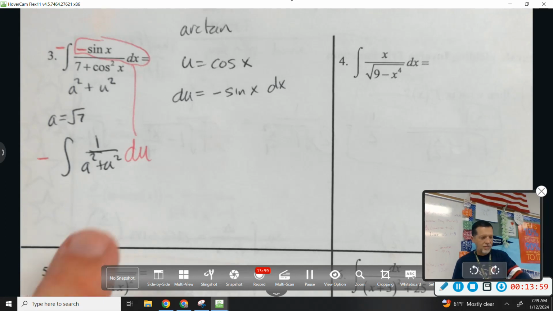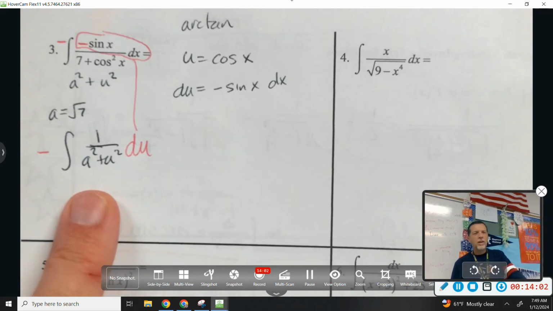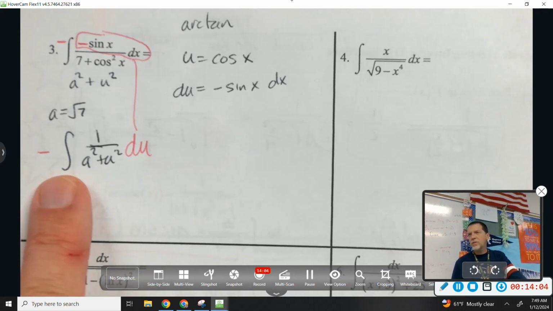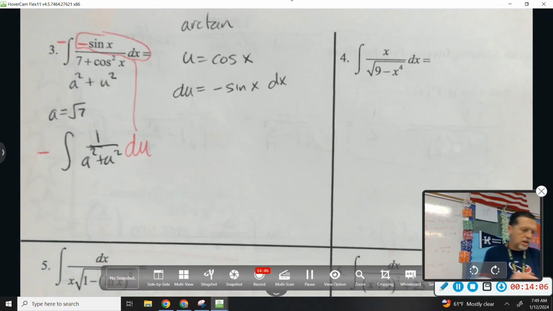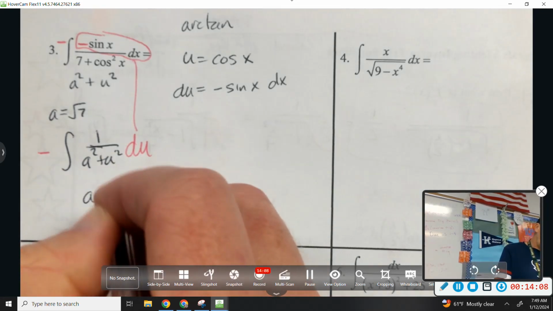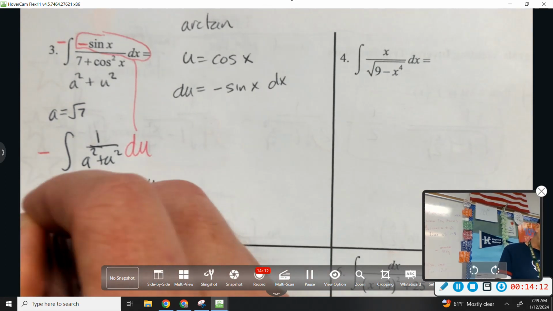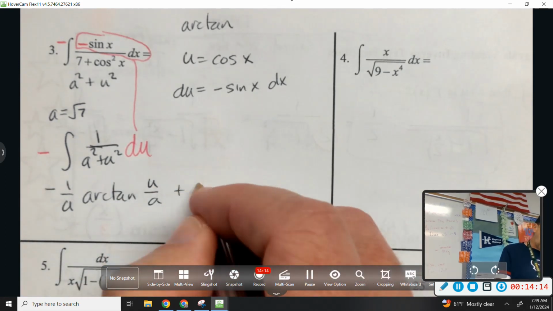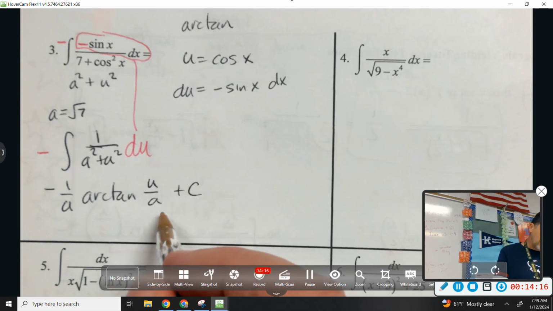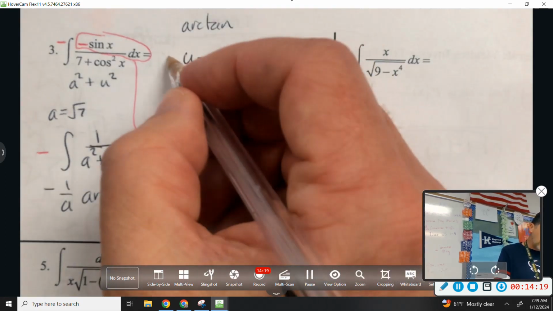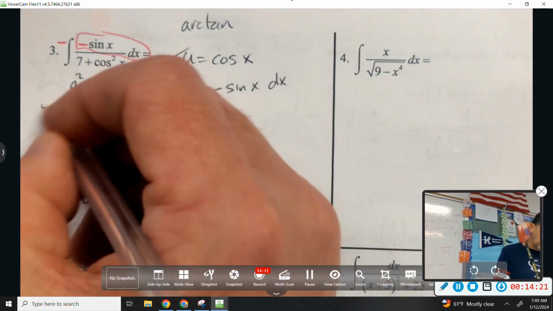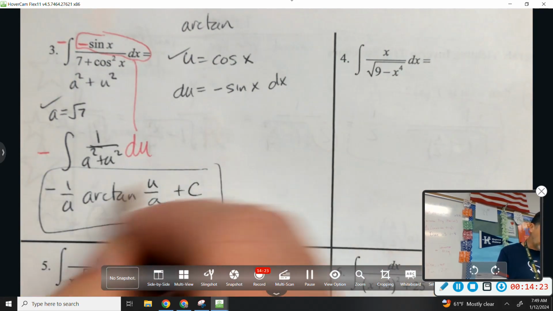So that's definitely arctan. I think we usually had the u squared first, but it doesn't matter because they're added. So arctan of u over a with a 1 over a out front. And I can leave that as long as I've said what u is. Yep. And what a is. So yeah, I'm just going to leave that as my answer.